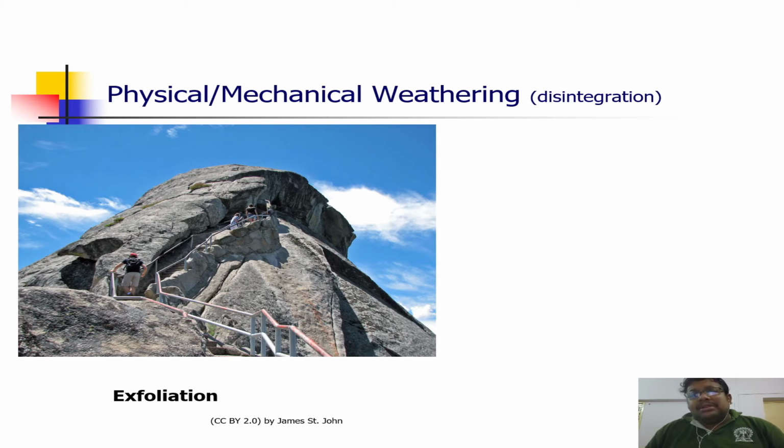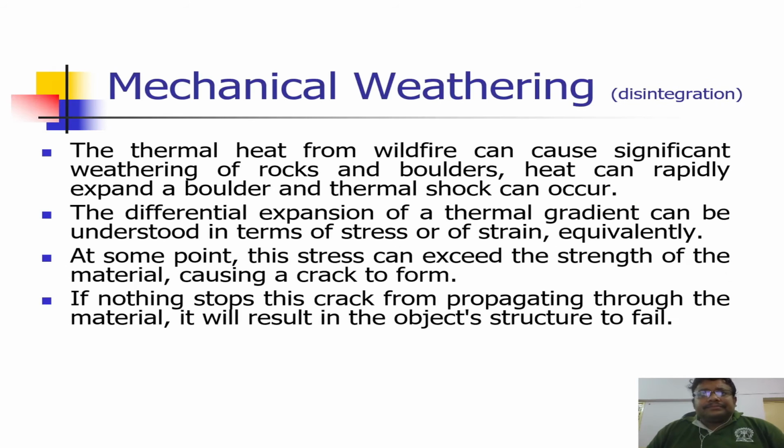In exfoliation, the outer part of the rocks gets peeled away, and this occurs due to the expansion and contraction of the rock and the thermal gradient. This is one of the most important examples of disintegration or physical or mechanical weathering.